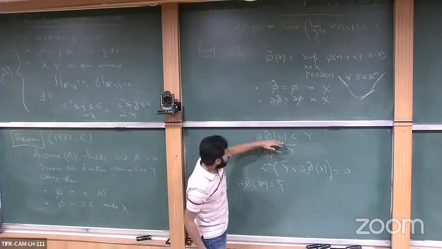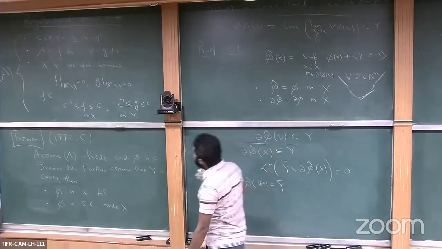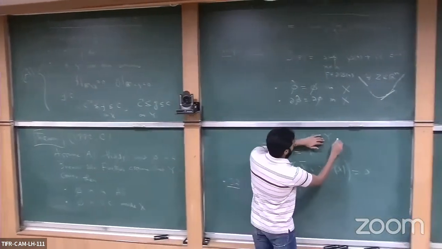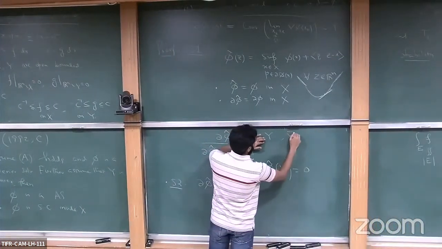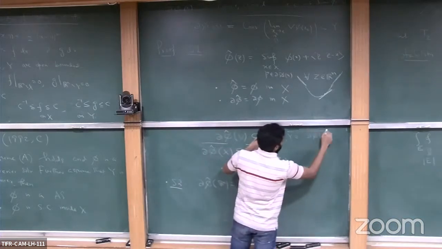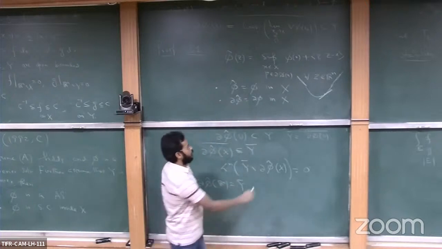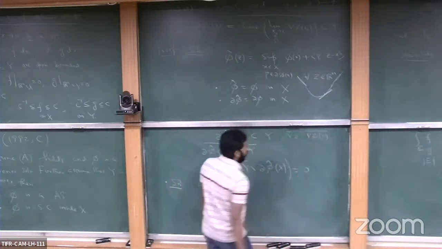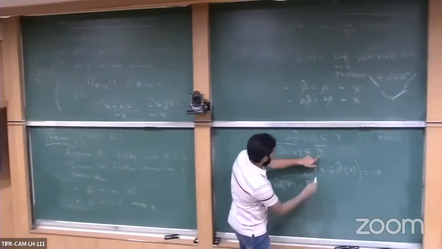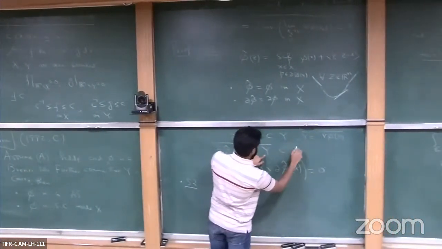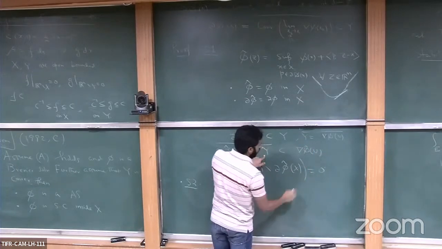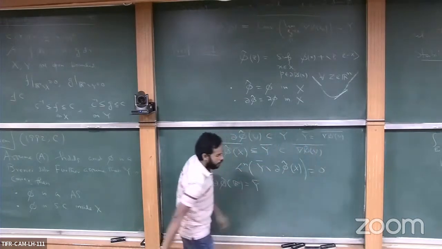Now you also see that y closure is basically, if you take the subdifferential of phi of u, the gradient of phi of u closure, right? So this guy is contained in the gradient of phi of u, which is the same as the gradient of phi at closure, right?